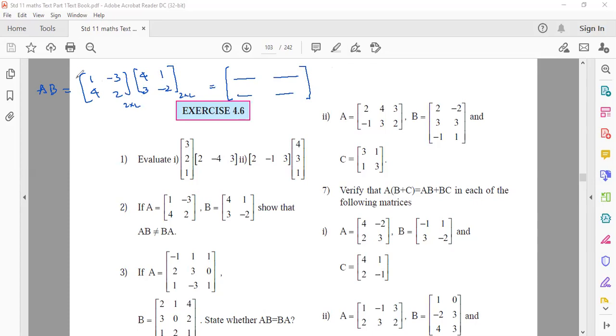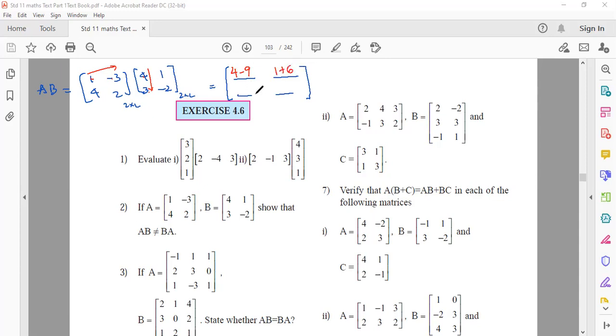Now write your answers. First row, sleeping versus standing. Keep it in mind, sleeping versus standing. First with first, second with second. So what answer will you get? 4 minus 9. Sleeping versus standing, 1 plus 6.